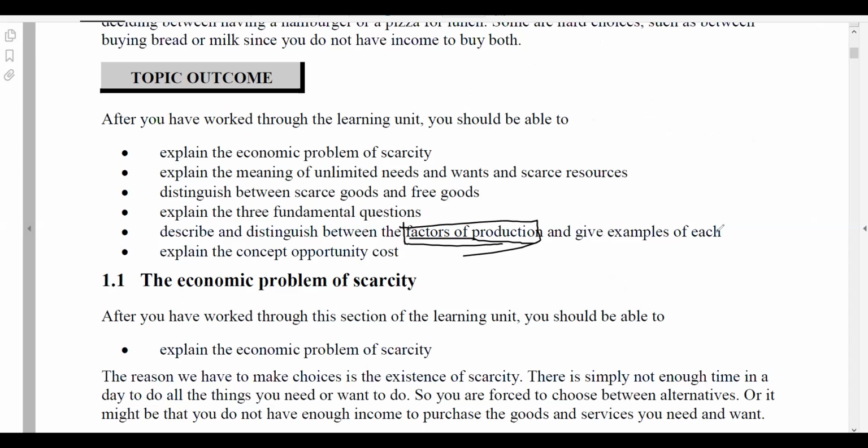What things do we use to produce goods and services? We have actually highlighted some of them a little bit. Factors of production are things that we use to produce goods and services. It doesn't have to be money, in fact. We don't use money to produce goods and services.